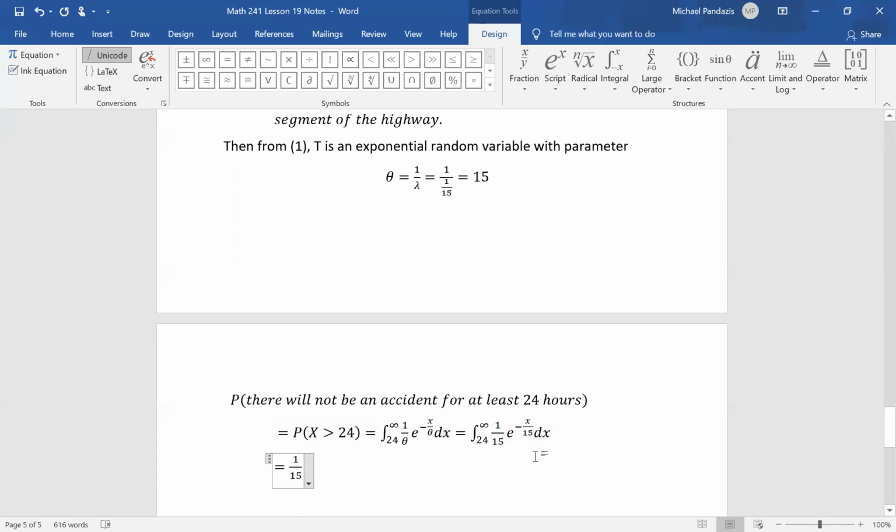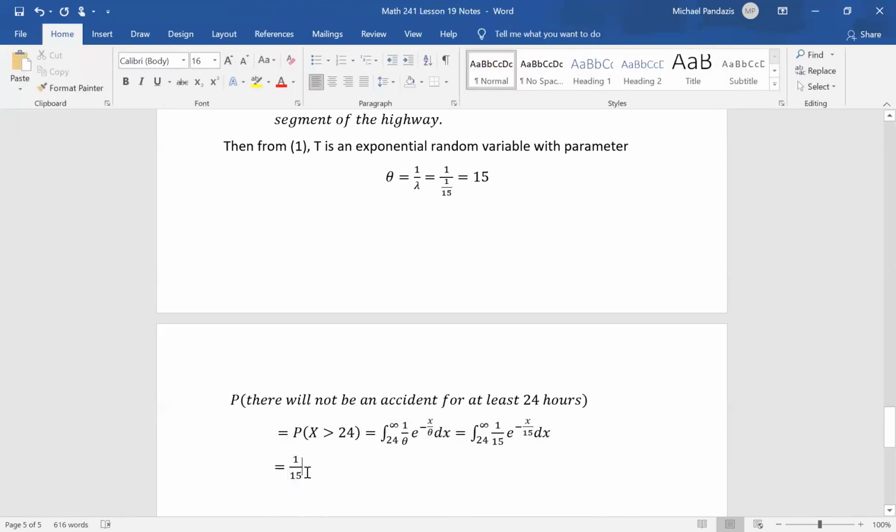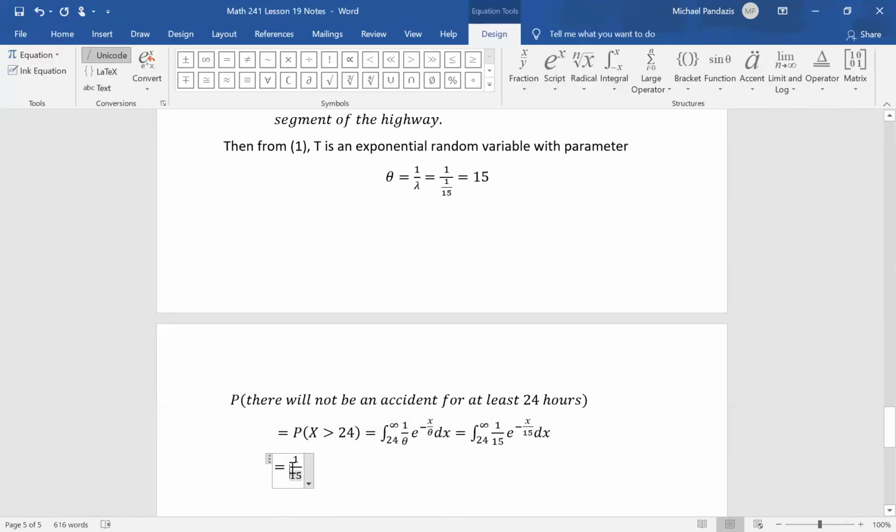So you do use substitution. You want to keep the 1/15th in the integral. You want a negative inside and outside the integral. So let me express it this way.